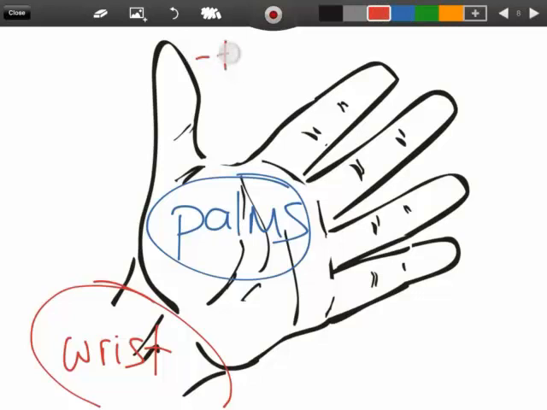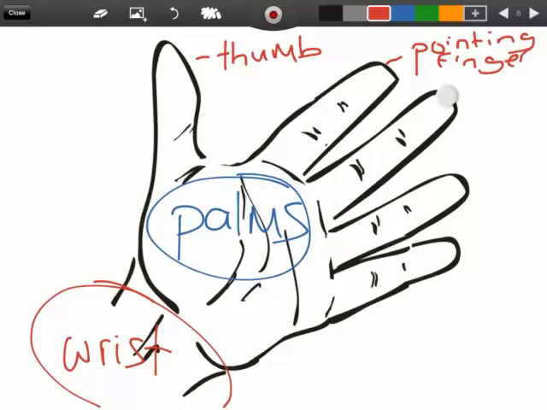This is our thumb. Here is our pointing finger. This is our middle finger.